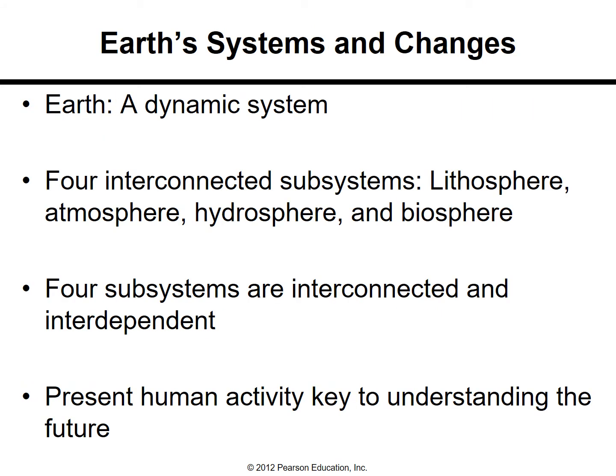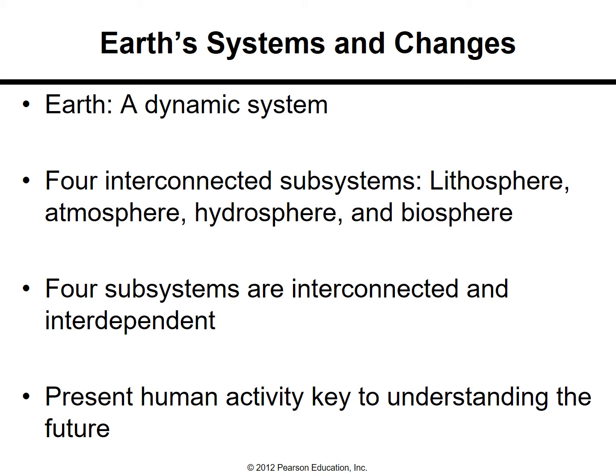The next major concept we'll consider is systems. If we look at Earth's systems and changes in those systems, we need to recognize that Earth is a dynamic system. It's got many components and it's changing. We could consider 4 interconnected subsystems within Earth's systems: the lithosphere, the Earth, the crust; the atmosphere, what we breathe; the hydrosphere, the water content; and the biosphere, the living component of Earth's surface.